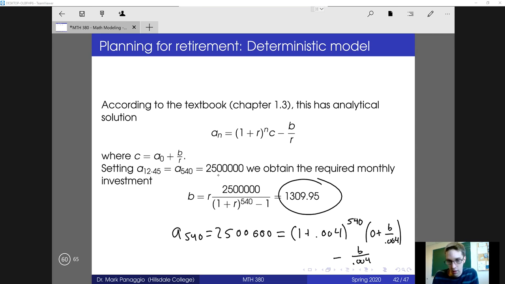All right, so there you go. If you want to be a millionaire when you retire, that would be what you need to save. By the way, that is adjusted for inflation, so this is not actually going to be a raw dollar amount of $2.5 million, but rather that would be actually more, but that would be $2.5 million in today's dollars.